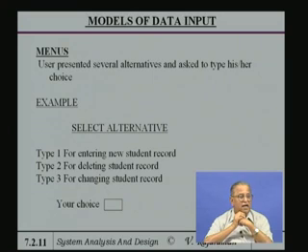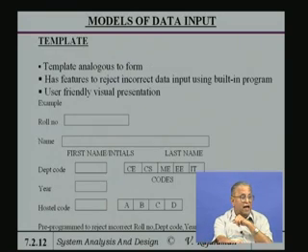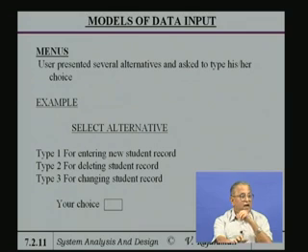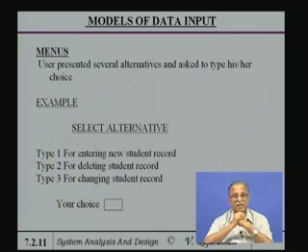If it is deleting a student record, it will in fact ask do you really want to delete, because if by mistake you type 2 and you delete it once and for all, it is gone. So, normally when you type 2 as your choice, the program will ask a question, do you really want to delete, and then you have to say yes.